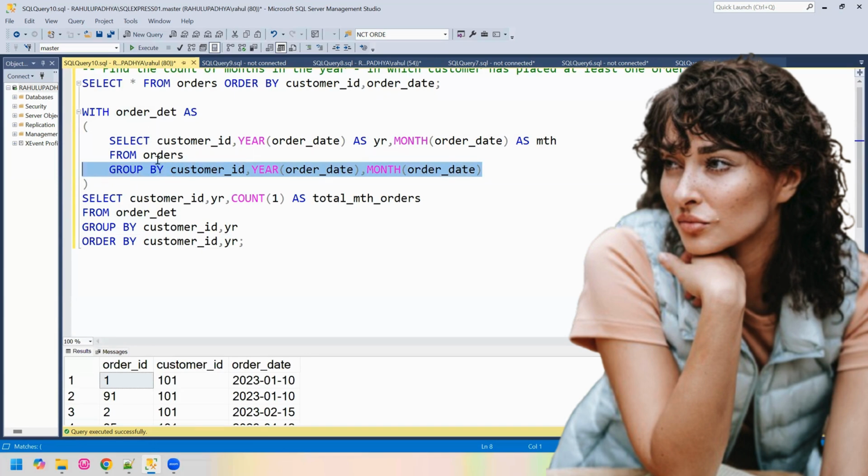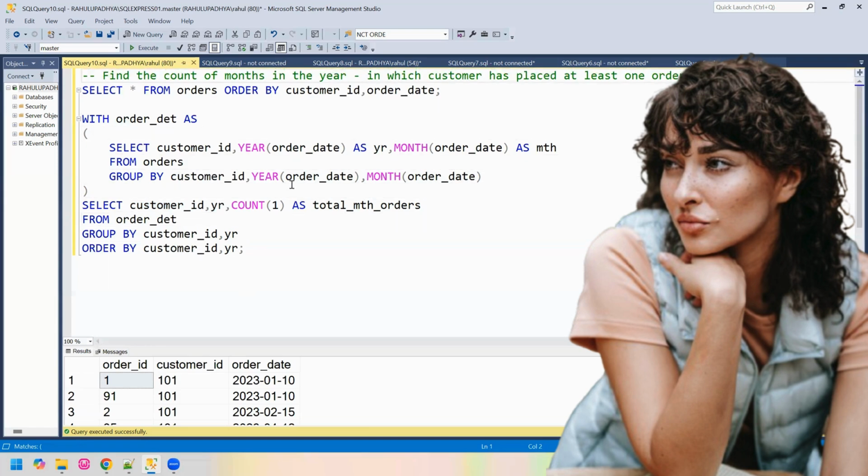Here, instead, we could have used distinct as well. After that, we simply had to count for a customer ID for a particular year how many entries are present. And that gives us the total month count, indicating in how many total months that customer has placed at least one order. So this way we have solved the problem.